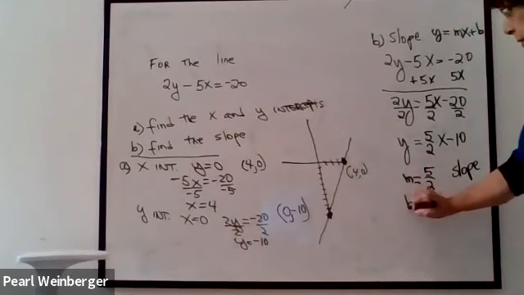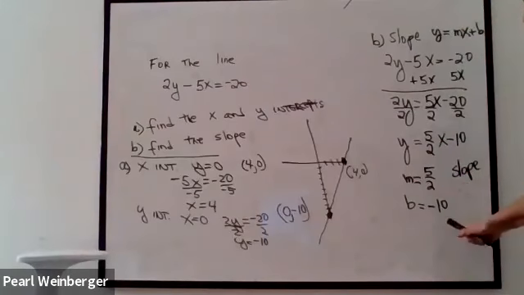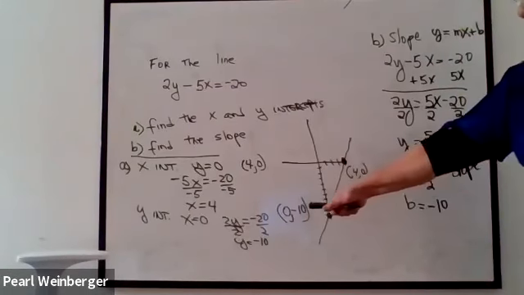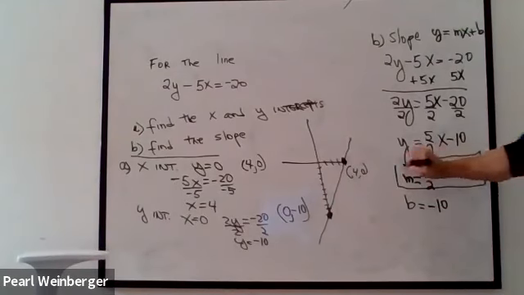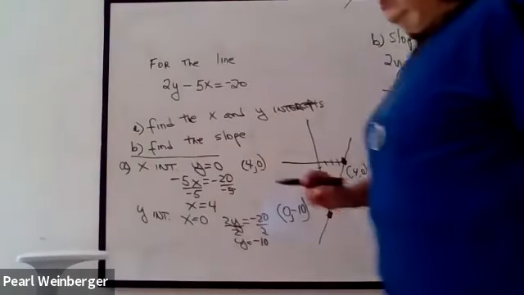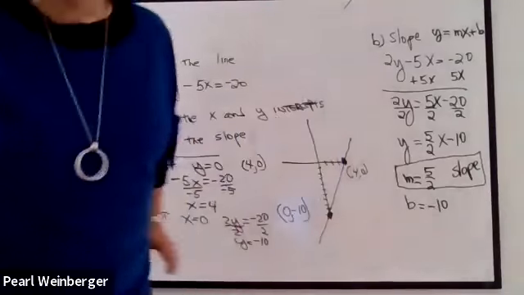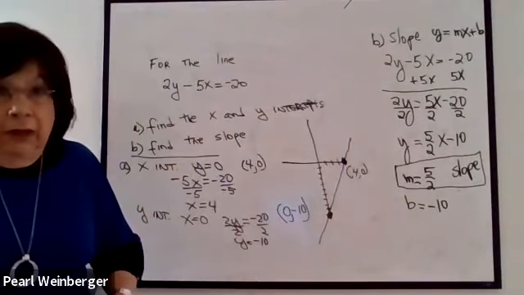The b, which happens to be negative 10 in this case, would be your y-intercept, which we had already found. But to find the slope, you look at the number in front of the x, but only after you have y equals. So those are some of the things that we had talked about last time when we met.